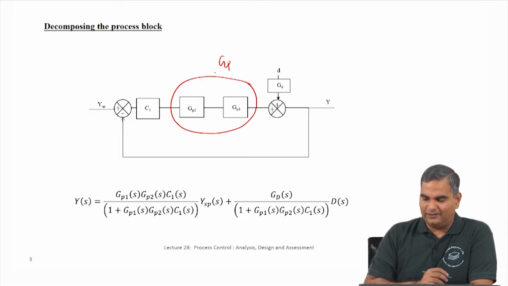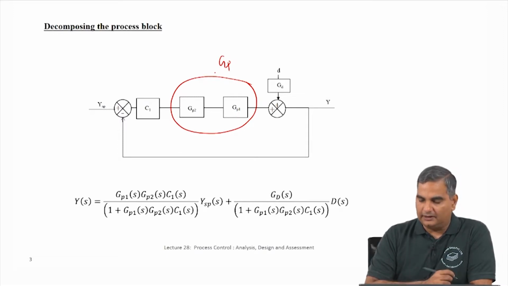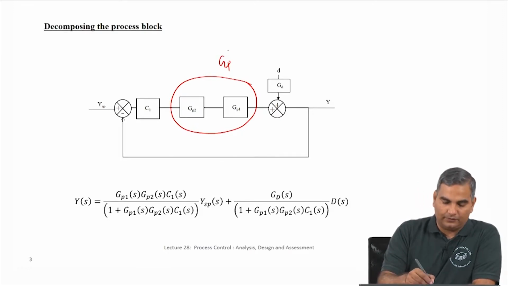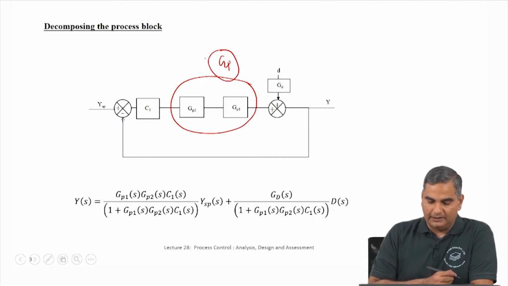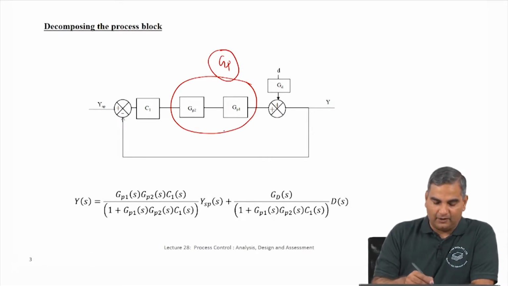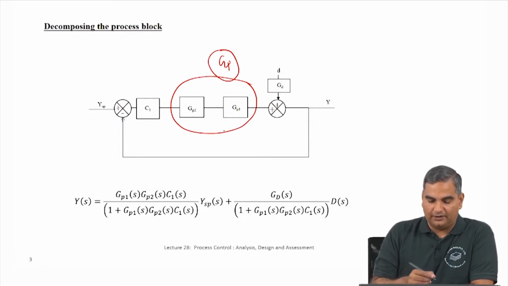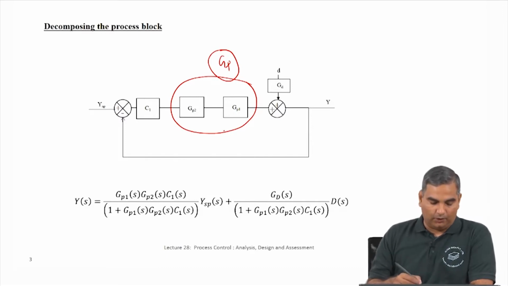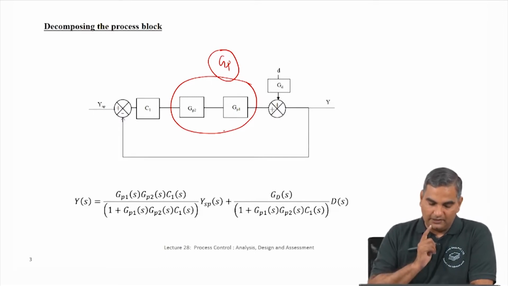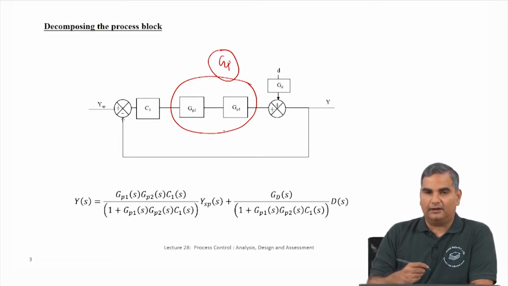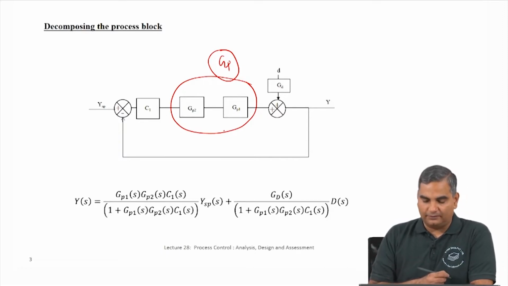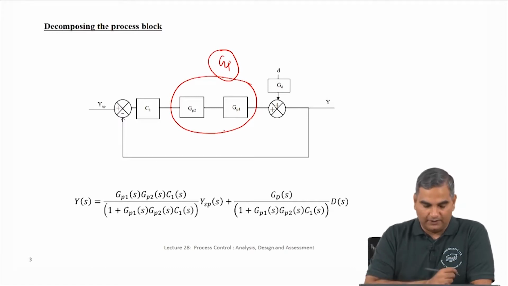I am going to draw a very simple picture here to look at a flow control loop and explain what we mean by this GP, how I can break this down into smaller, distinct blocks, and how I can use these distinct blocks in controlling certain systems better. That is what we will get to in the next slide.